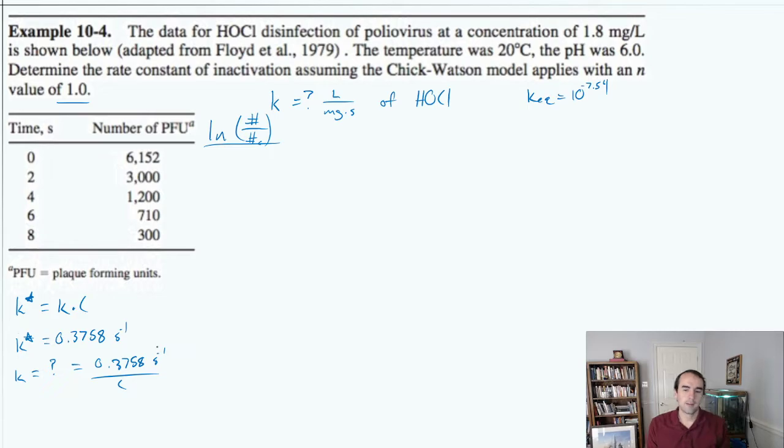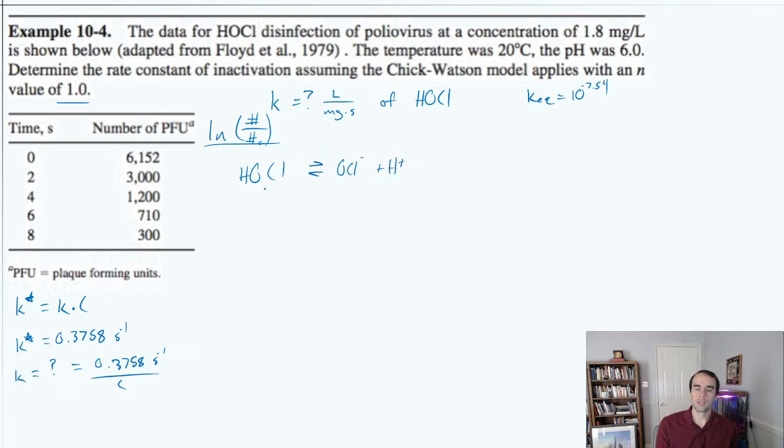In this case, the concentration here is of course the concentration of HOCl. So we're looking for HOCl, not the total HOCl plus OCl minus, just the HOCl. Remember, HOCl is in equilibrium with OCl minus and H plus.